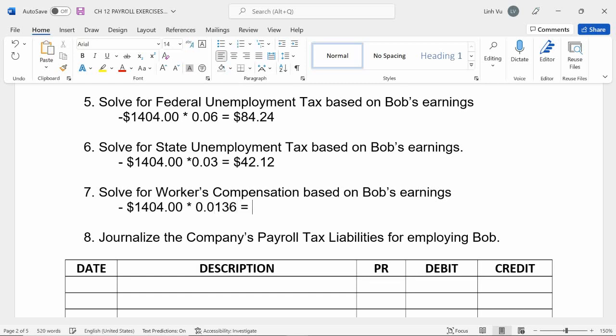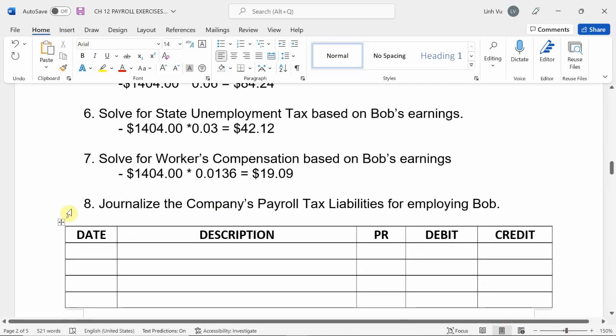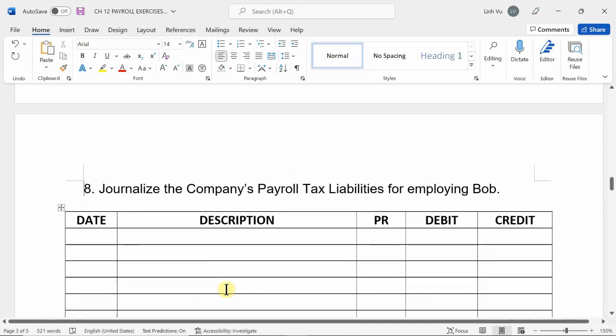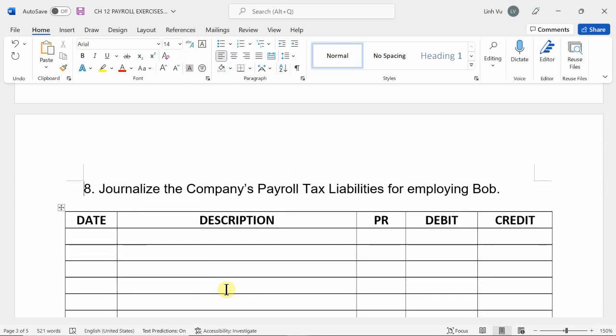So how much workers' compensation is the company subject to pay for Bob? $19.09. Okay. So question number 8 is going to tell you, let's go ahead and journalize the company's payroll tax liabilities for employing Bob.